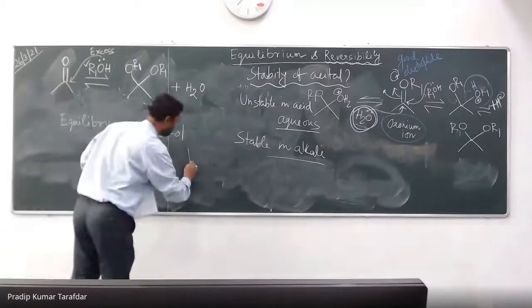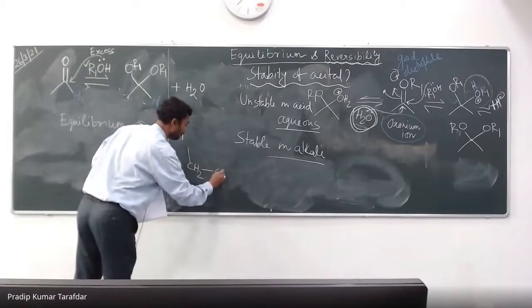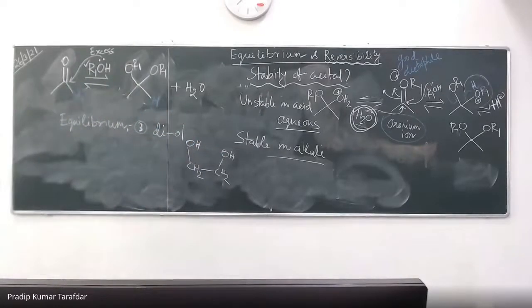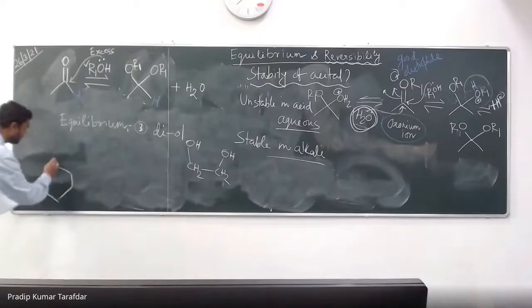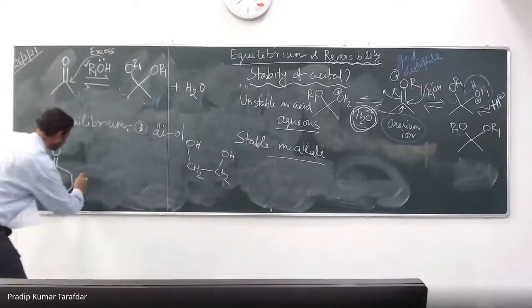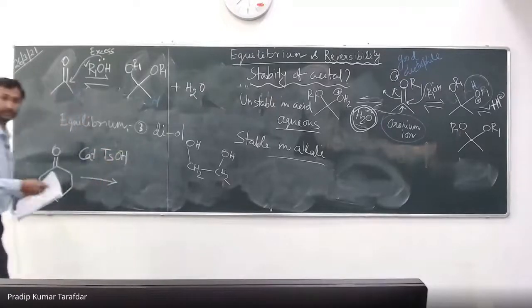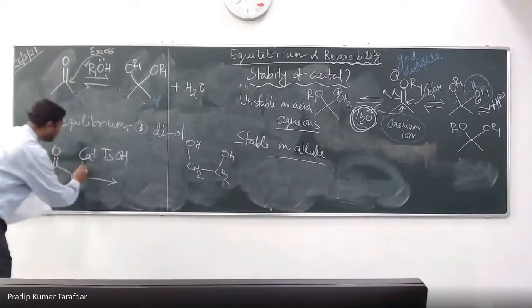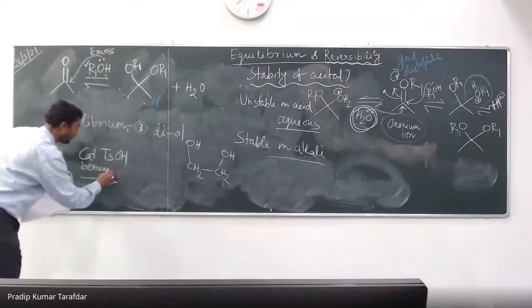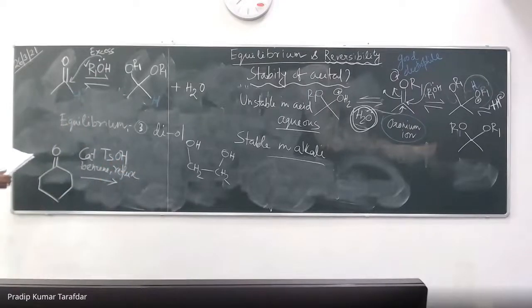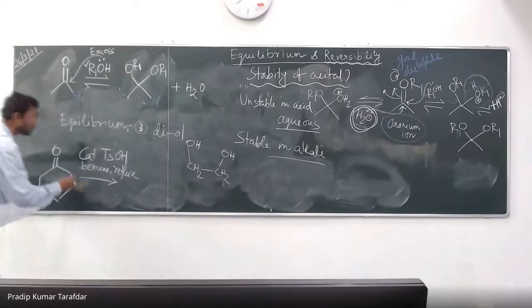Diol means you have two alcohols. So the advantage will be this. Suppose I now give a proper example: catalytic PTSOH, para-toluenesulfonic acid, which is an acid catalyst, in benzene reflux in a Dean Stark apparatus to remove water.